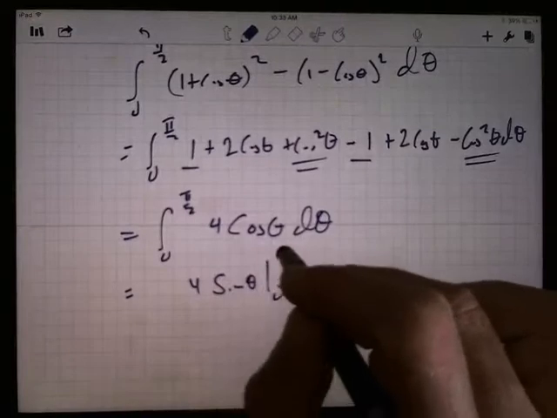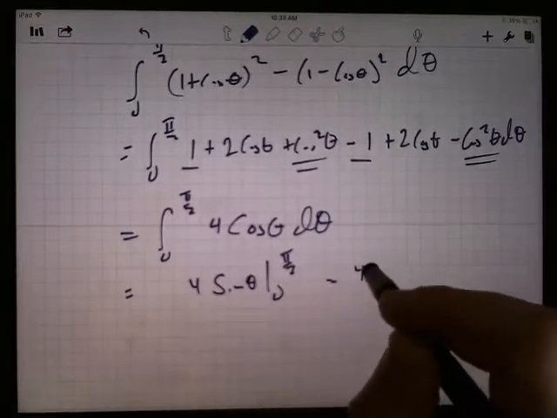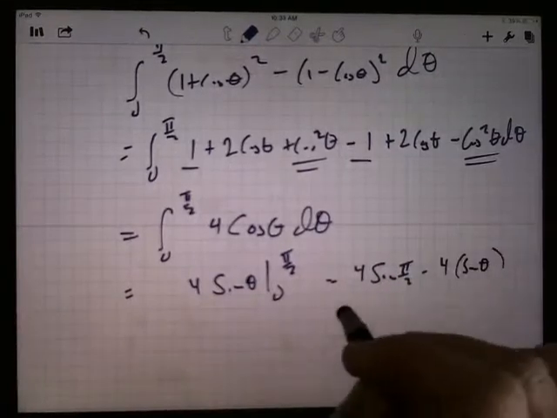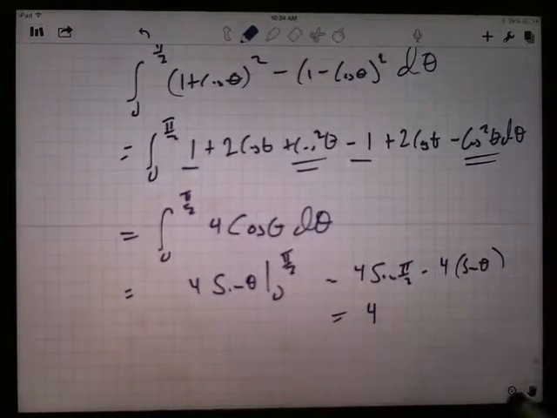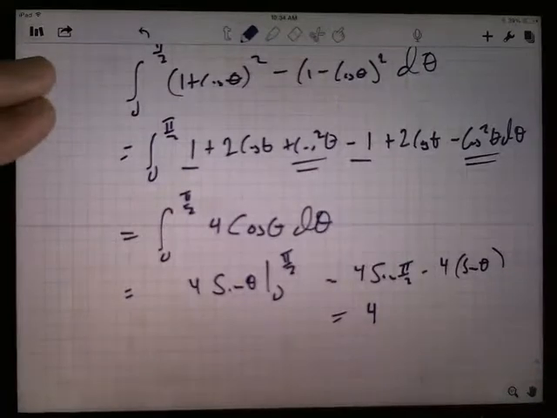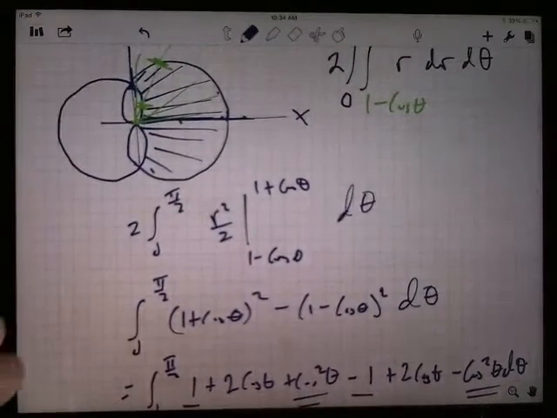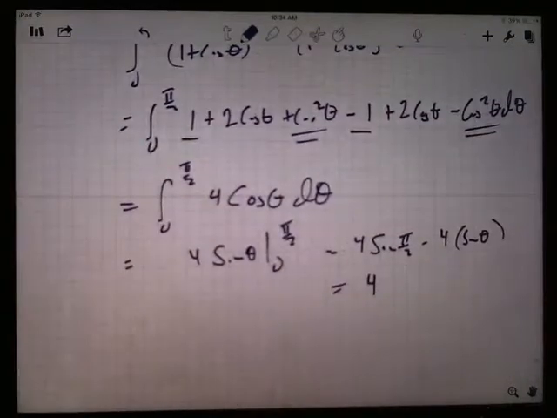Yes, it is, from 0 to pi over 2. And so we've got 4 times the sine of pi over 2 minus 4 times the sine of 0, for a grand total of 4. Just 4? Apparently, it's just 4. The area inside of this cardioid and outside of that one is 4.